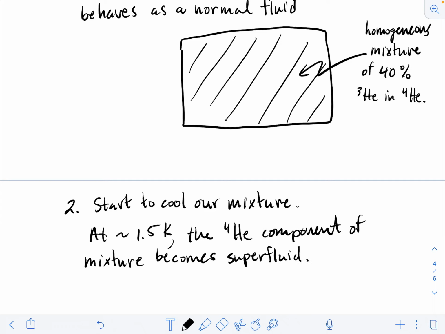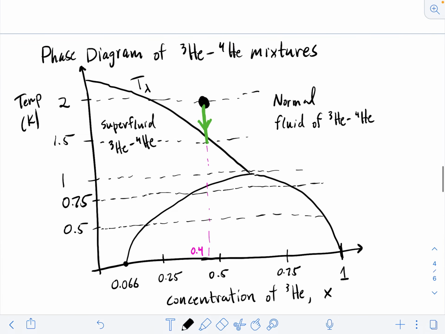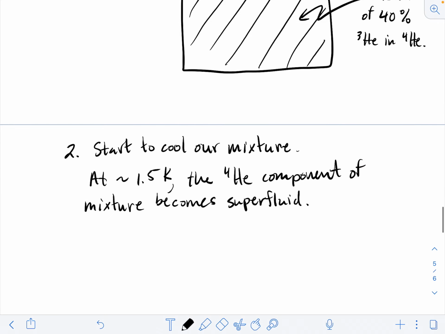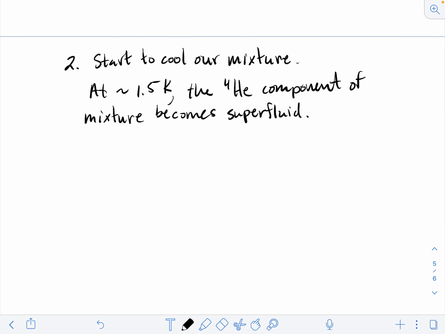And so remember, we watched a video of pure liquid helium-4 being cooled, and we saw that the boiling suddenly stopped at about 2.2 Kelvin. And so that was the superfluid transition. And so when the concentration X is equal to 0, this transition happens at somewhere around 2.2 Kelvin. When we increase the concentration, that transition temperature gets lower, and for 40% helium-3, the transition's at around 1.5 Kelvin.